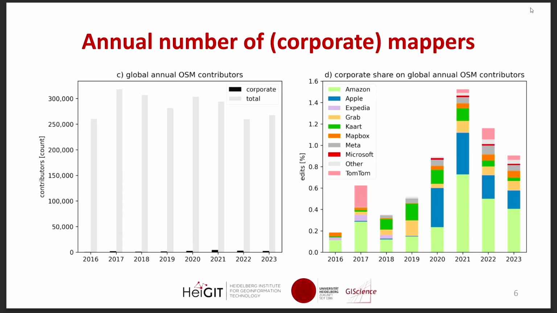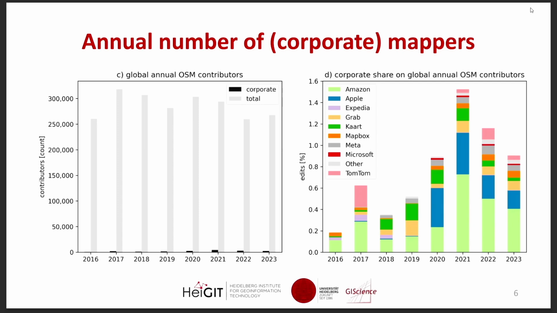And on the right-hand side, again, you see how this distributes per company. So with this, you can somehow estimate the team size that the corporates have, and how many mappers they have. Overall, if you compare total mappers with corporate mappers, it's only maybe 1 to 1.5% of the entire OpenStreetMap user base which are corporates.